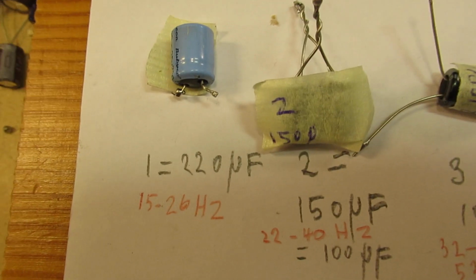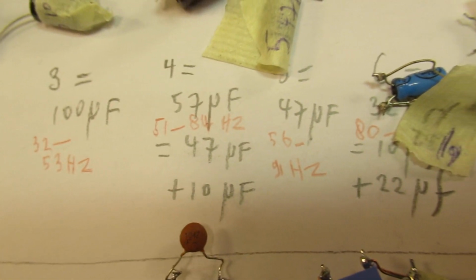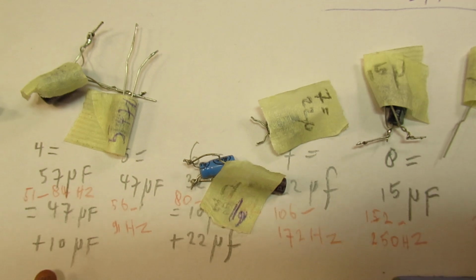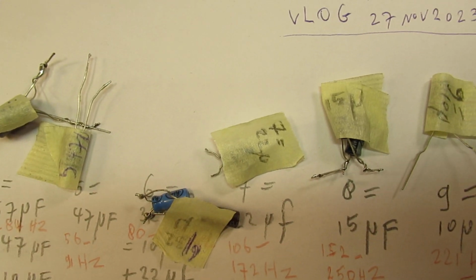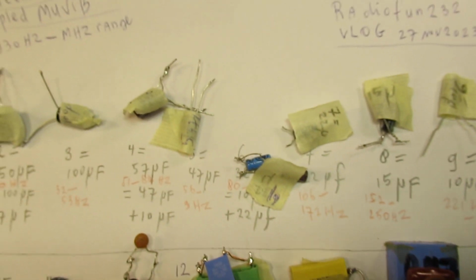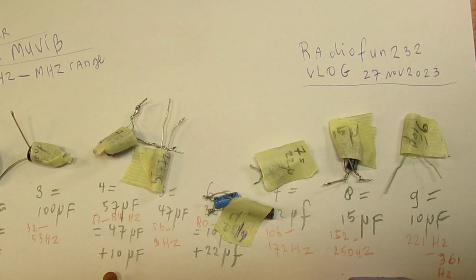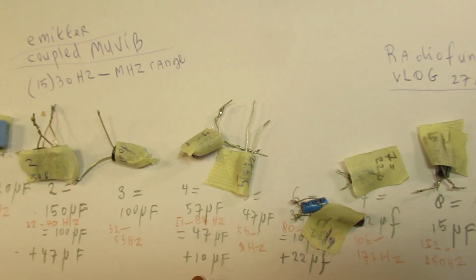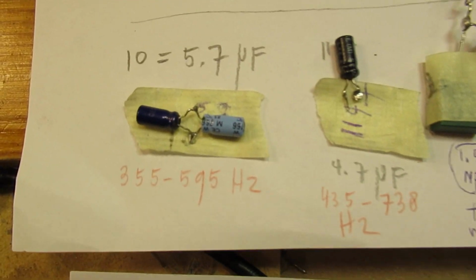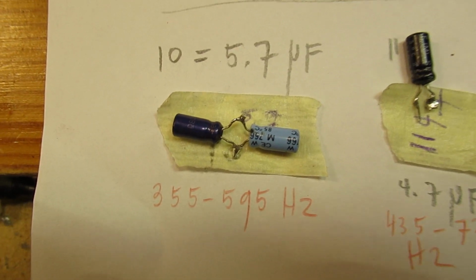But anyway, 220 microfarad, 150 microfarad, 100 microfarad, 57 microfarad, and of course I had to find a situation where the frequency bands overlapped. That's always very important when you make a function generator or sine wave oscillator, completely the same idea and issue. And here are the other capacitor values related to a certain frequency band.